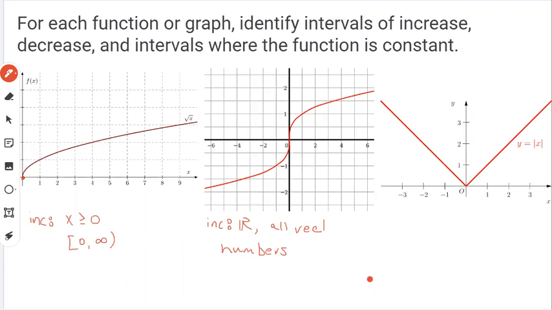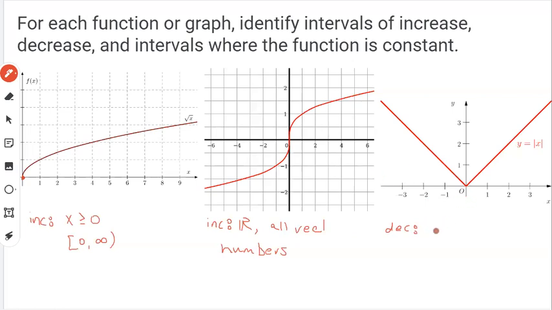Now the absolute value function is a little bit different. When we look at the absolute value function, as we move in from the left, it is going down. It goes down, down, down until you get to 0. And then it stops and it starts going up again. So the function is decreasing from negative infinity to 0.